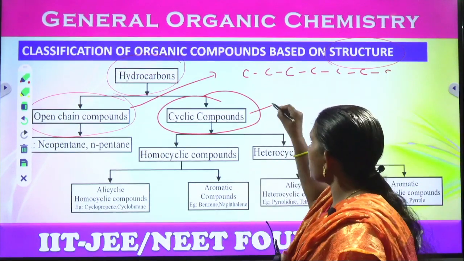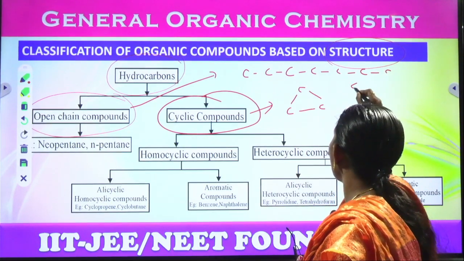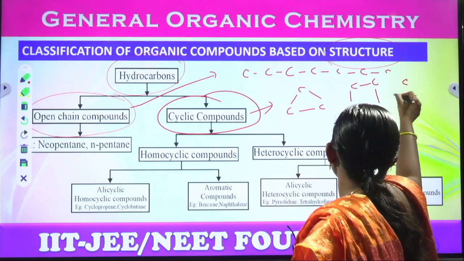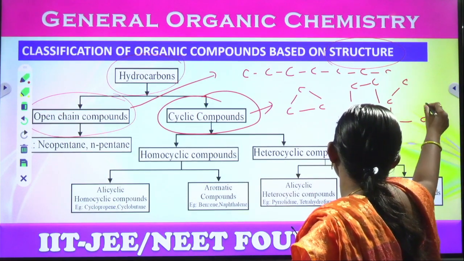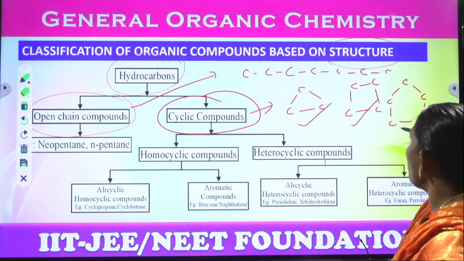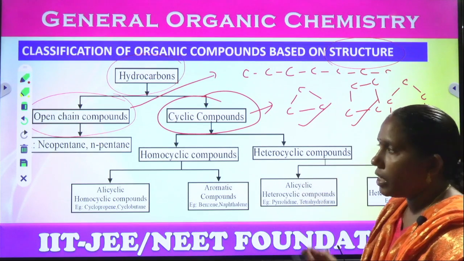Whereas coming to the cyclic compounds, the ring can be like this. It can be a cyclic of 3 carbons, 4 carbons, or 5 carbons. It is a 3 membered, 4 membered, or 5 membered ring. So these are the cyclic compounds.